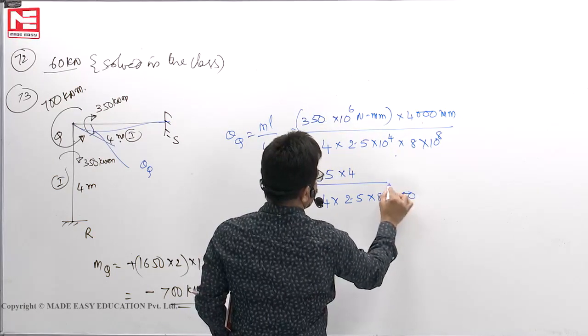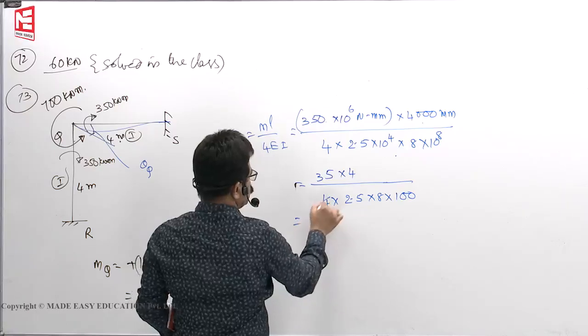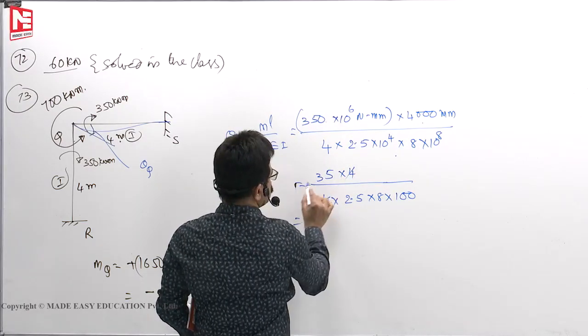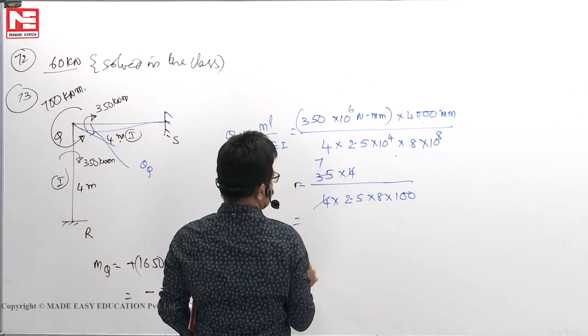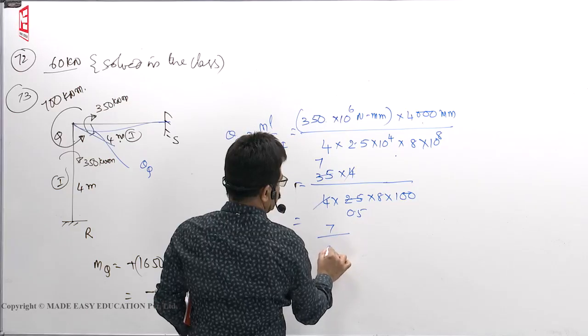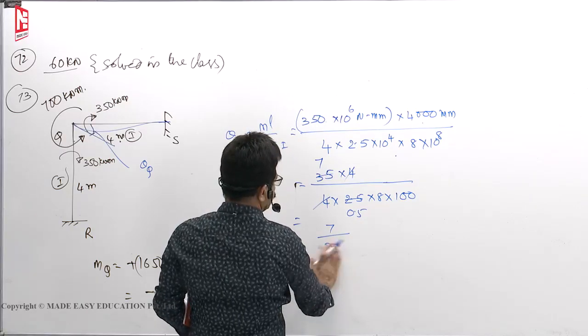So 100 we will write. So this much is extra. 4 cancels out. Then 5 sevens, 0.5. So 7 by 80, 40.